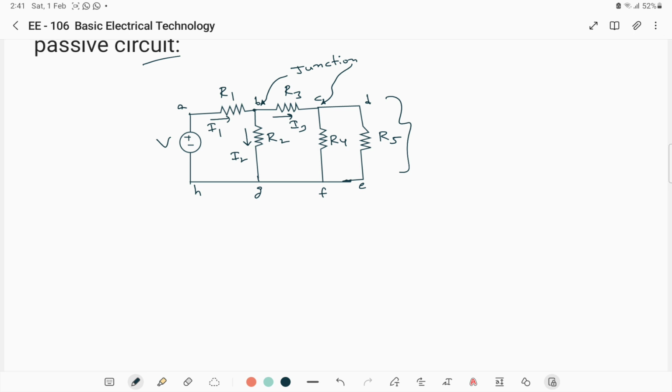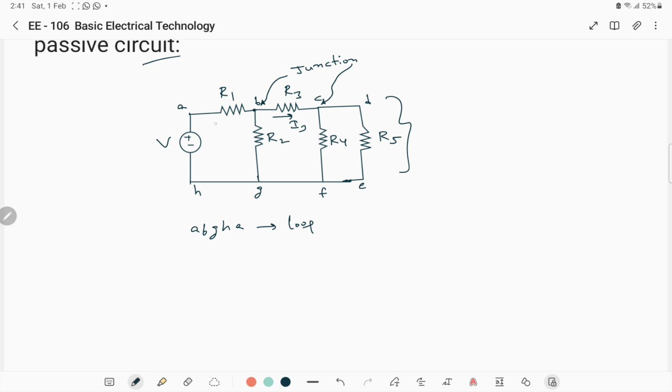Loop means it must be closed. For suppose if you take this one from here to here, then this is closed, right? If you take closed path A B G H A, it is a loop. Okay. Similarly, you can take B C F G B. Similarly, C D E F C. These are loops.